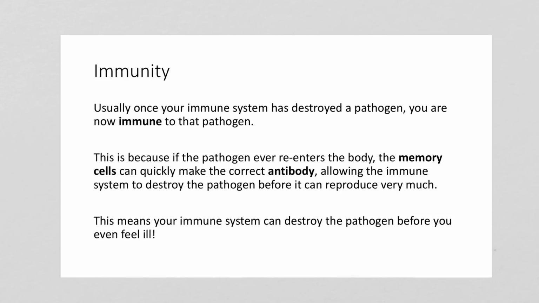This happens so quickly, and it keeps the population of pathogens so low that you never actually even feel ill. So you have the pathogen in your body, but there's not enough of them to make you feel ill, and before they can reproduce enough to make you ill, the memory cells have recognized them, kicked into effect, and trigger what's known as the secondary immune response, which kills it really quickly.